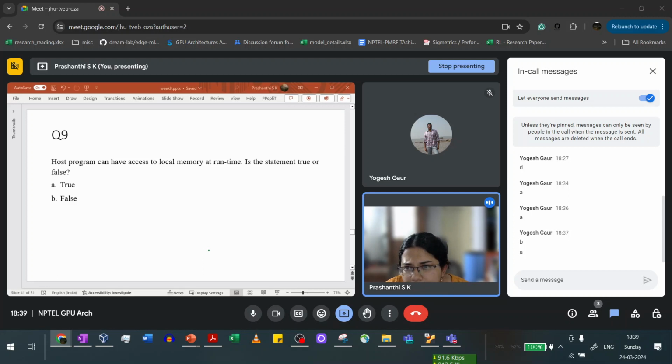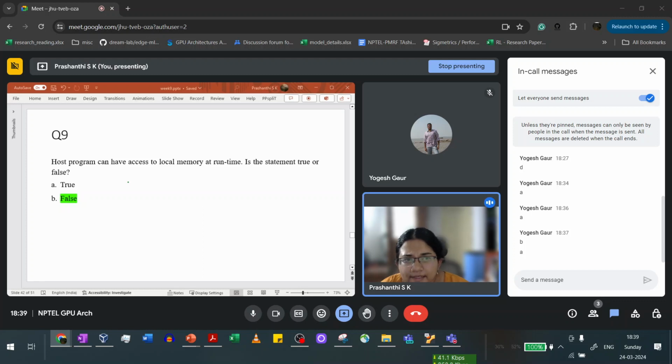Yeah, this is actually false. So there is a memory model table that I should perhaps have put in the recap. I will put this after this question and upload the slides. So you can take a look at that to see why it does not have access to local memory.